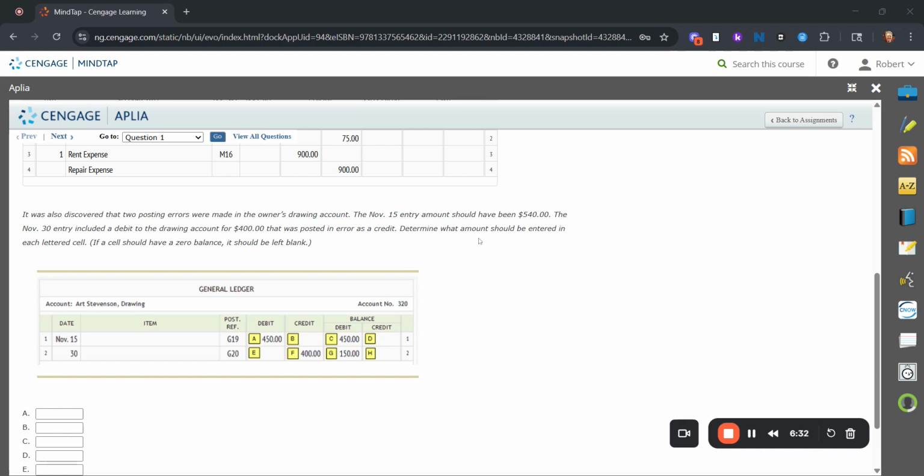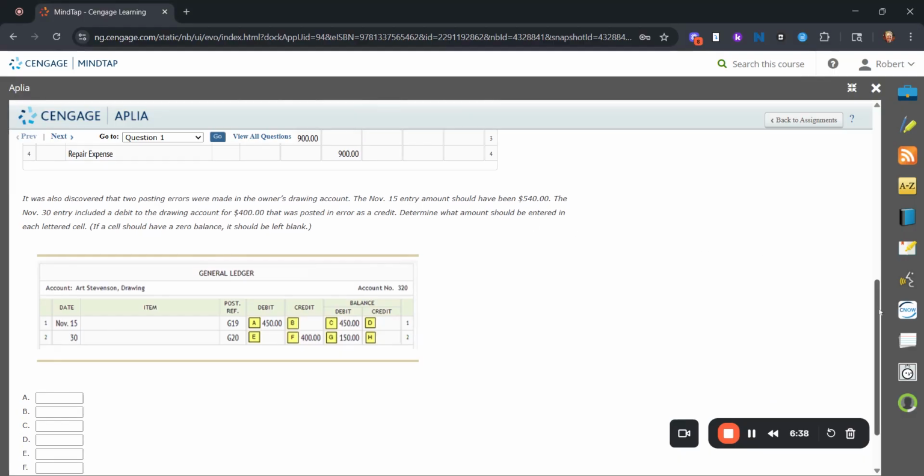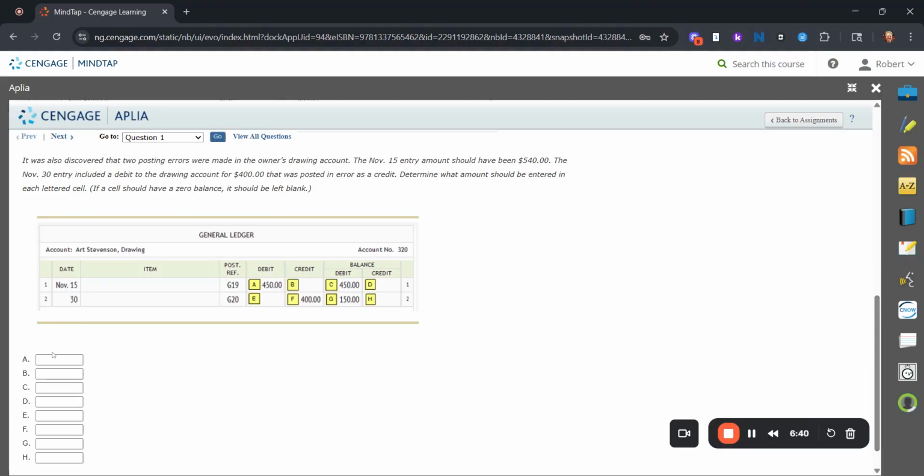Determine what amount should be entered in each lettered cell. We have our lettered boxes down here that match up with the cells here, so we just need to re-enter what amounts should be in these cells.